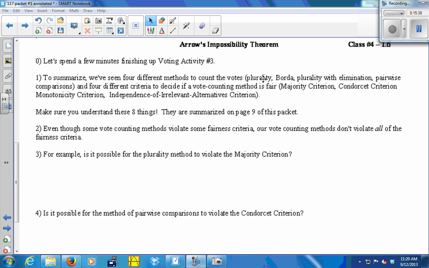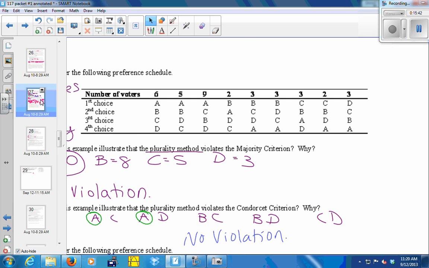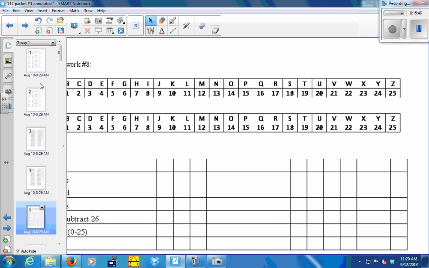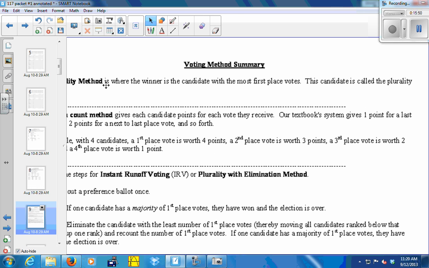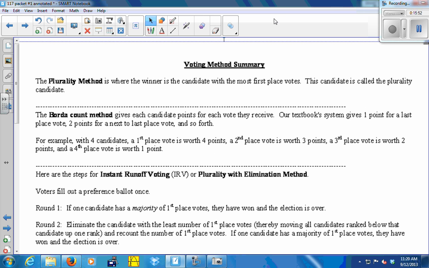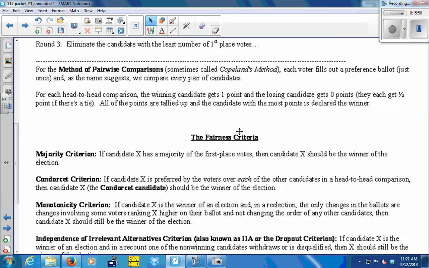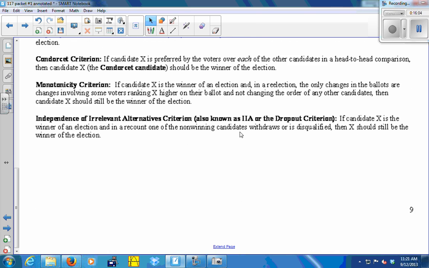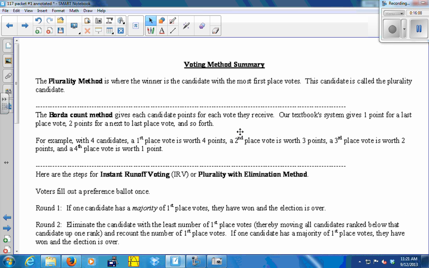So I want to point out that on page 9 of your packet, I'm going to scroll back here so I can show it to you. There is a voting method summary, okay, page 9. There is a quick summary on how to do all the 4 voting methods and what the 4 fairness criteria are. So this is a handy little thing to have when you're preparing for your test.